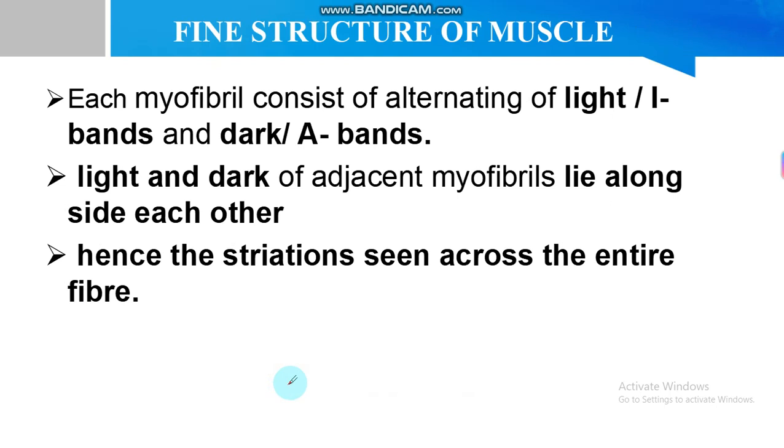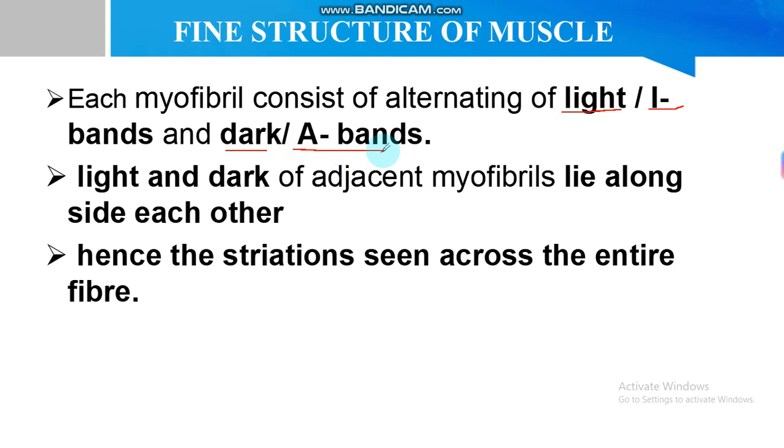In the fine structure, we focus so much on the myofibril because it seems to be the one which is bringing in these light and dark bands. So we are saying that each myofibril consists of light band, or what we call the I band, and the dark bands, or what we call the H bands. So dark band is the same as H band. Light band is the same as I band.